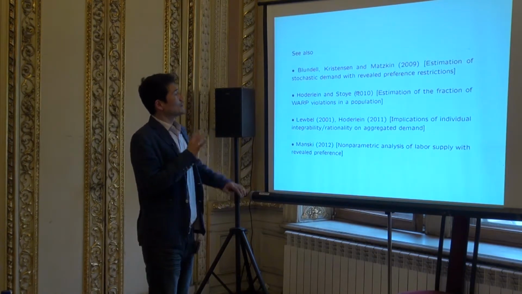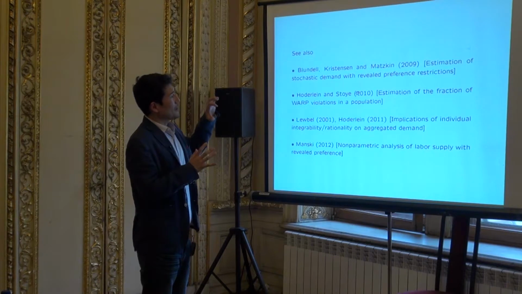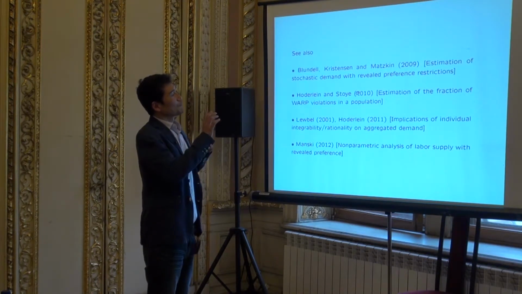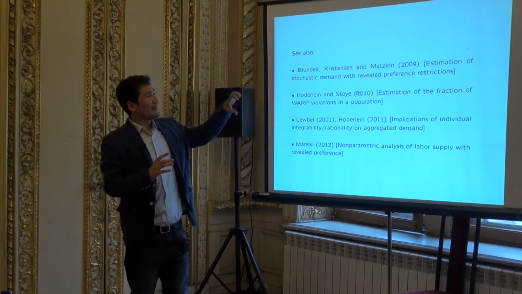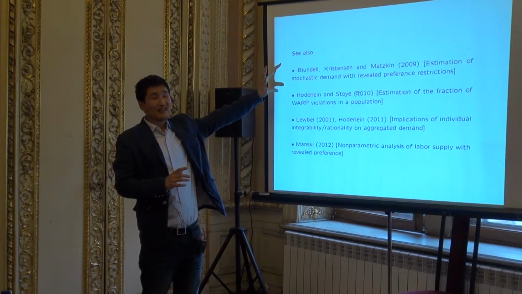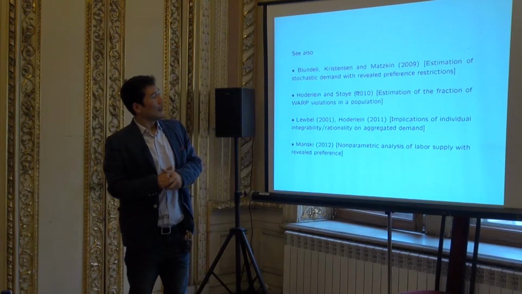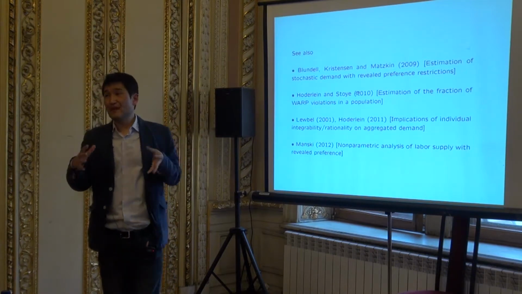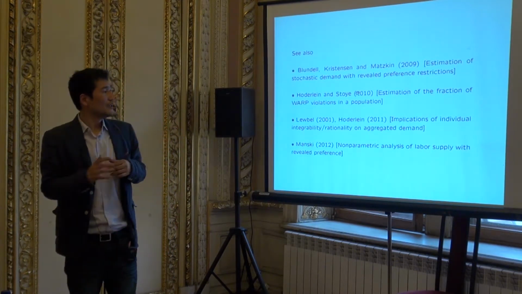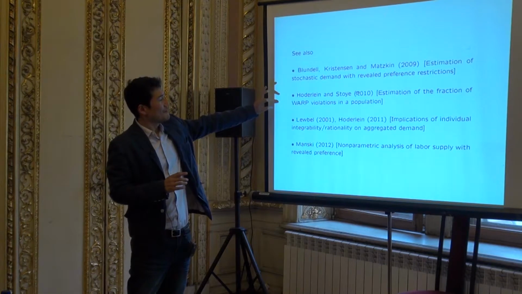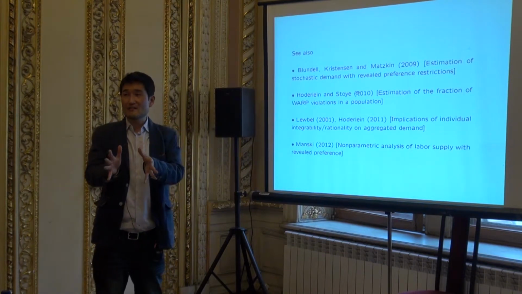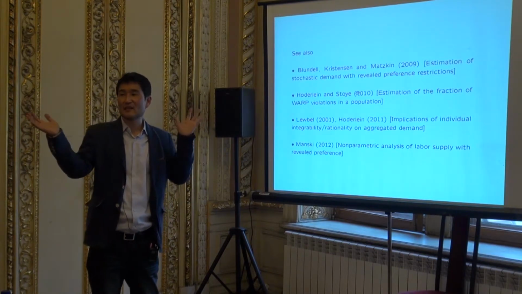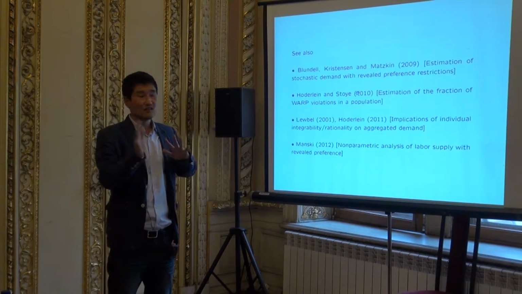In a way, it's similar, but still, fundamentally, they have more assumptions than what we are doing. And then this Hoderlein and Stoye paper, in terms of the level of assumptions, is very similar, but they're looking at a more specialized case, whereas we are looking at a very general case. The number of goods can be arbitrary, and so on and so forth.